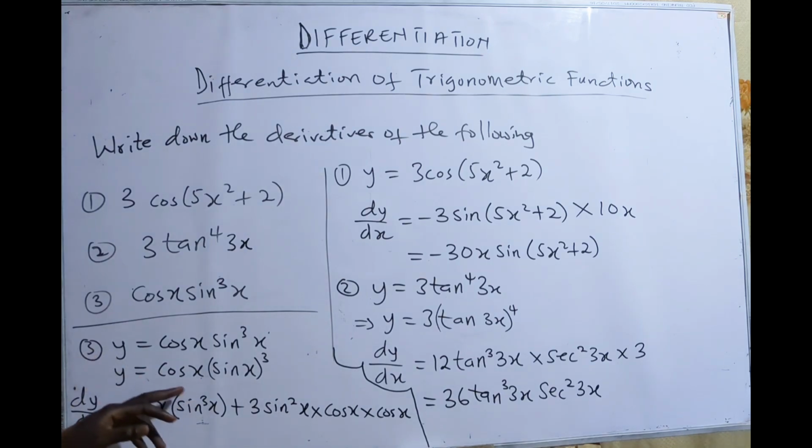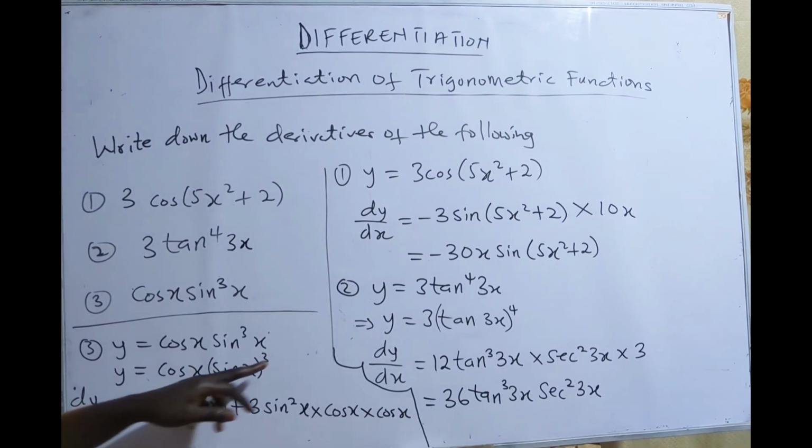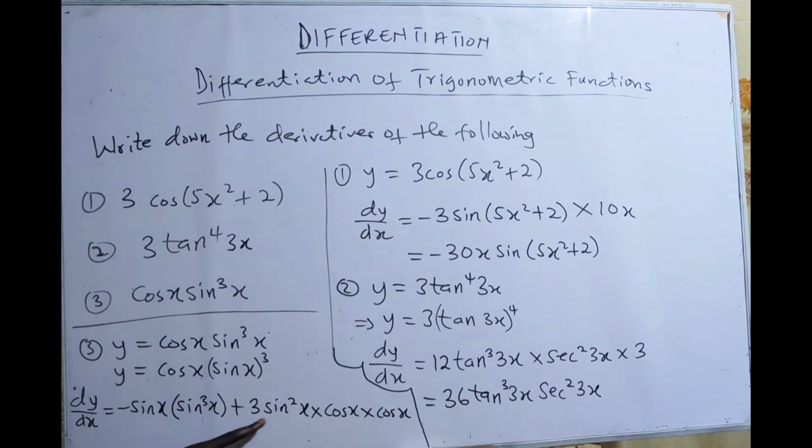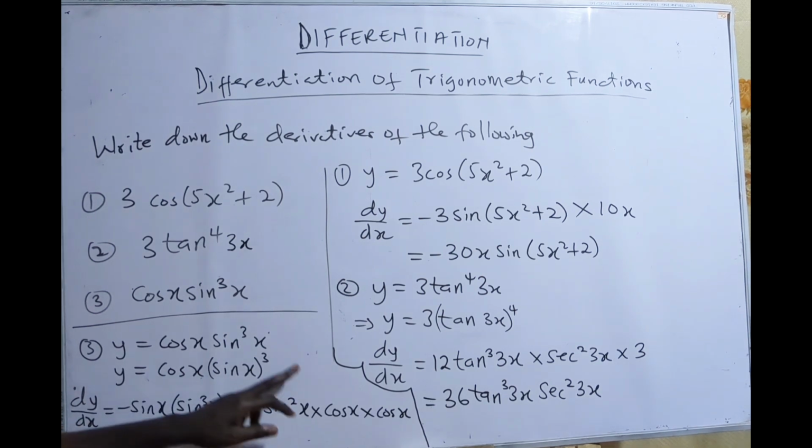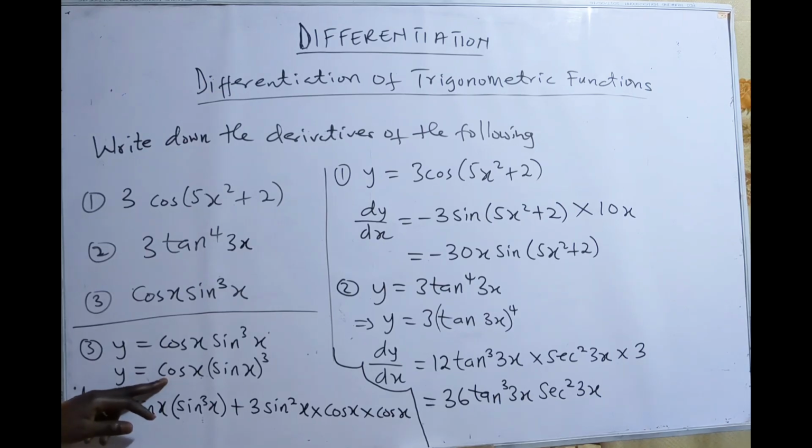So differentiating cos x gives minus sine x, then I multiply by this. Plus, I differentiate it, so 3 will come here to be 3 sine square x. I reduce the exponent by 1 to be 2. Then I'll multiply by the differentiation of sine, which is cos x, and after that I'll multiply it by the cos x.